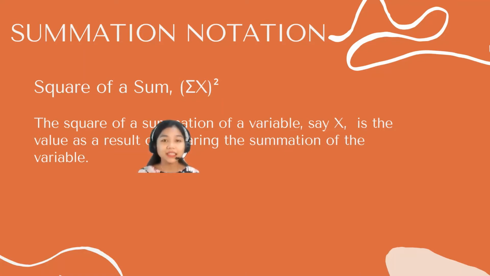After getting the sum of the variables, we are going to square the result. That's why it is called the square of the sum. So it's addition first and then squaring. But in sum of squares, it's squaring the values first, then addition. They are actually the opposite.